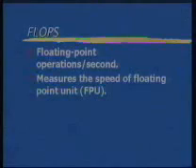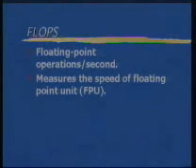The third and the final term which we are defining in this particular lecture happens to be FLOPS. What does FLOPS stand for? It is floating point operations per second, and it is basically the unit of measure for floating point units. What is a floating point unit?